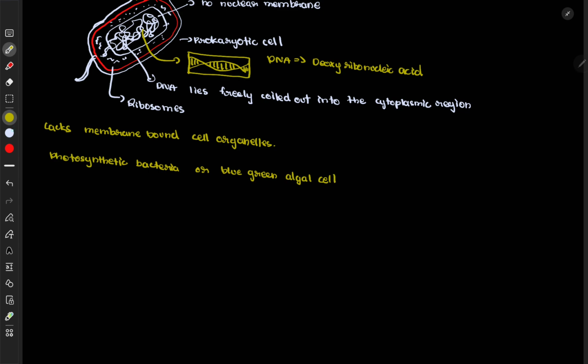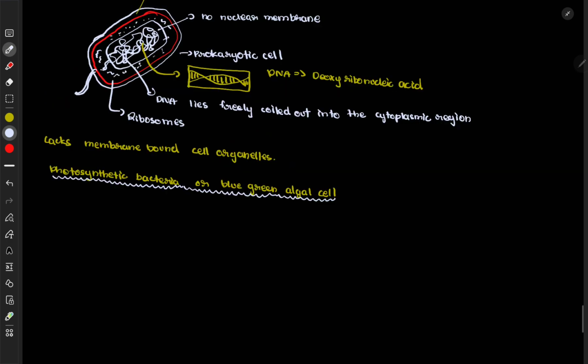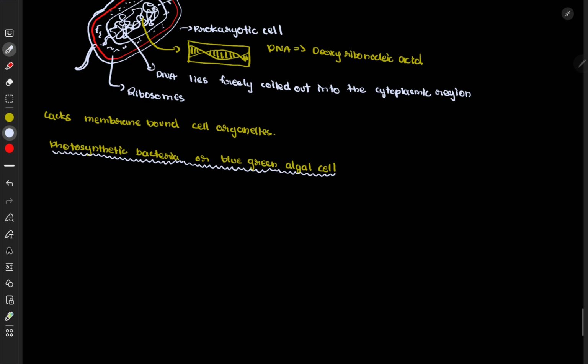When you look at this, what you're seeing is that they do not contain plastids. Now, for photosynthesis to take place, we need a thing called thylakoids.